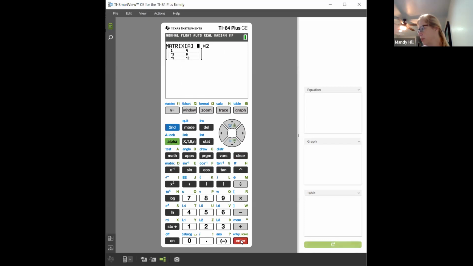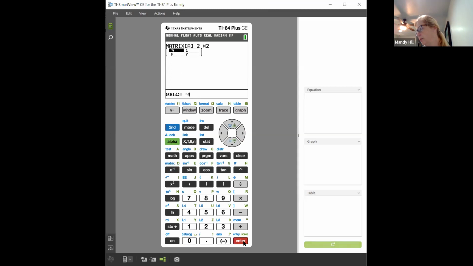Our matrix is a 2 by 2, 2 rows, 2 columns, and we've got -4, 1, 0, 7.